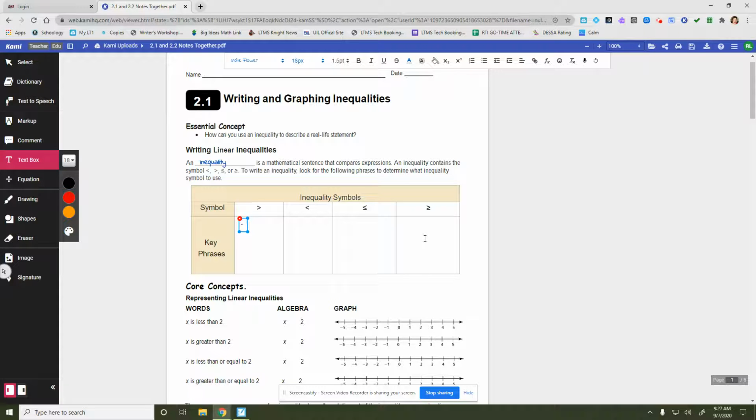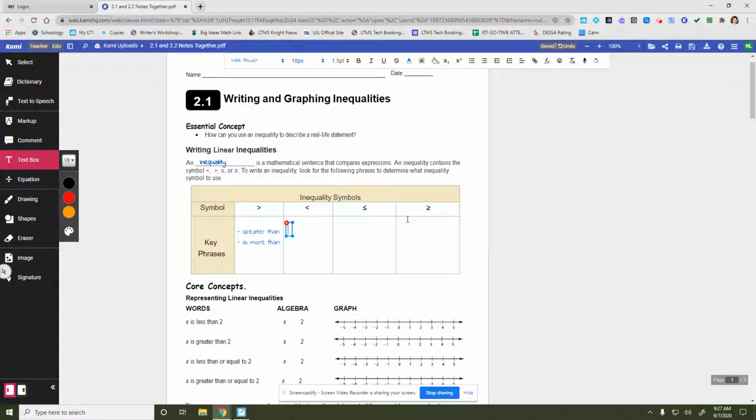First one, and probably most common for our greater than sign, is simply greater than. For the greater than, sometimes we also see is more than. Some quantity is more than another. Those are very common verbal cues that let you know that you're dealing with an inequality.